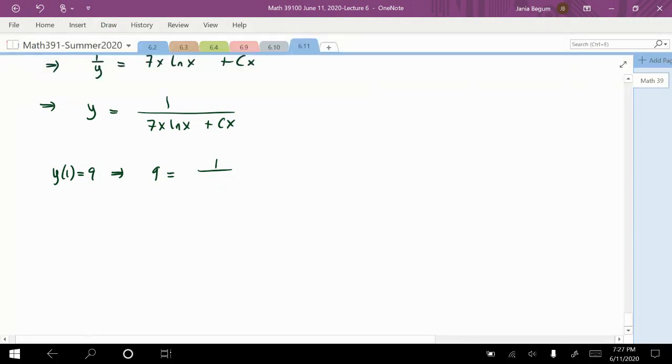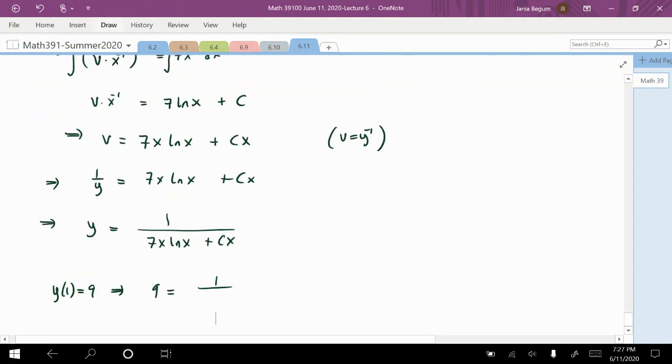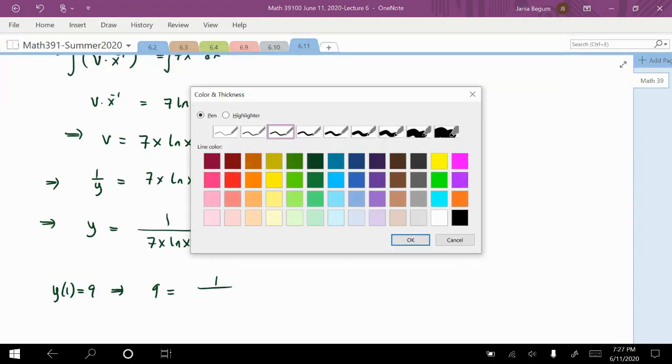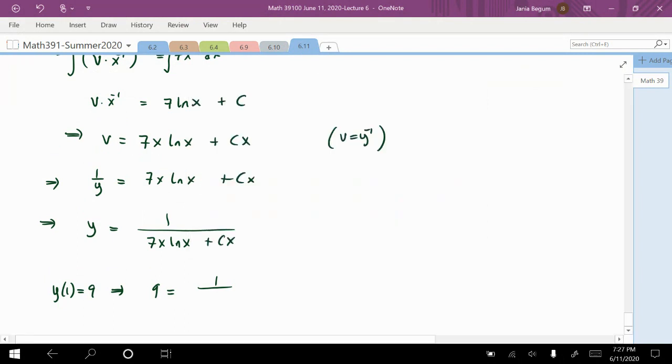Can you scroll up a little? And then, yeah. So ln of 1 is 0. So then we have 0 plus c times 1. That's just c, which means c is equal to 1 over 9.